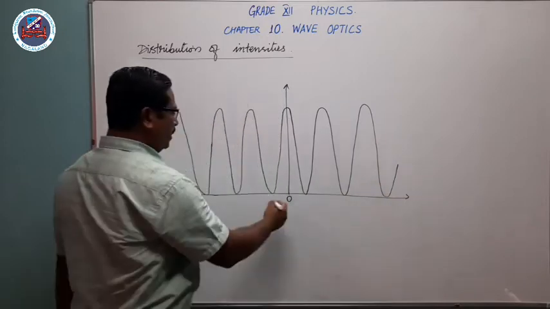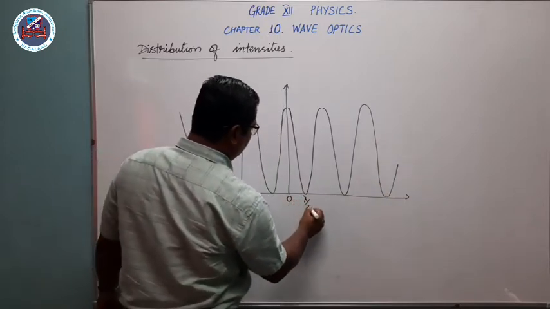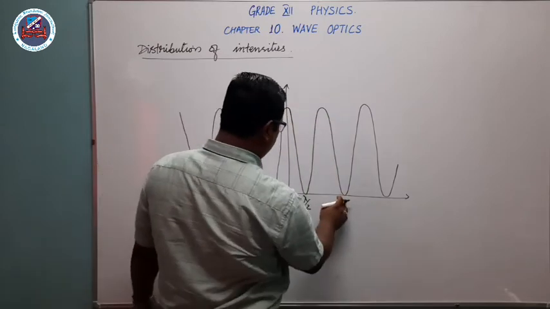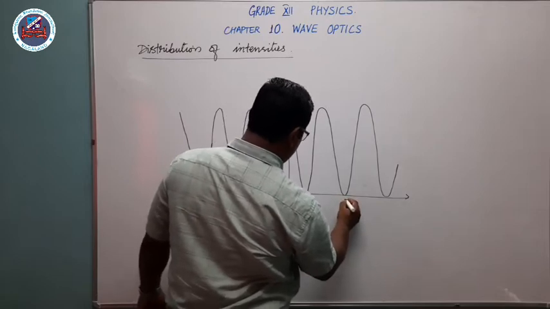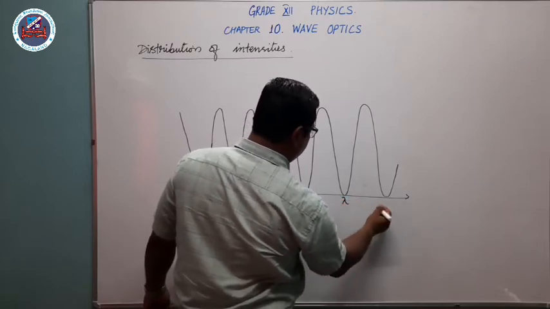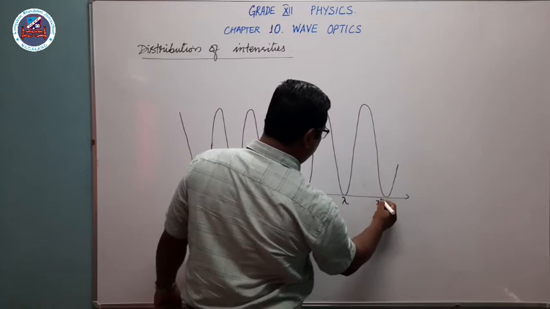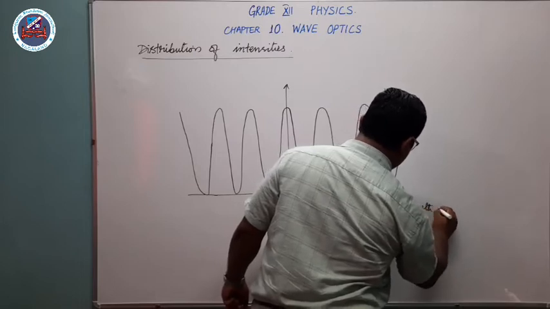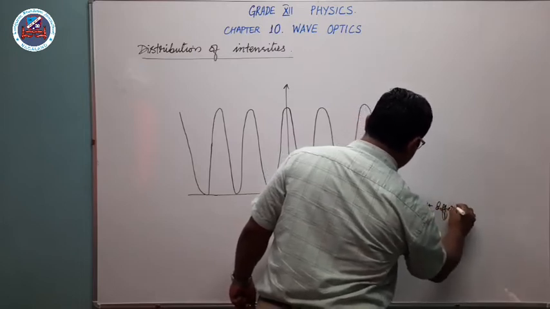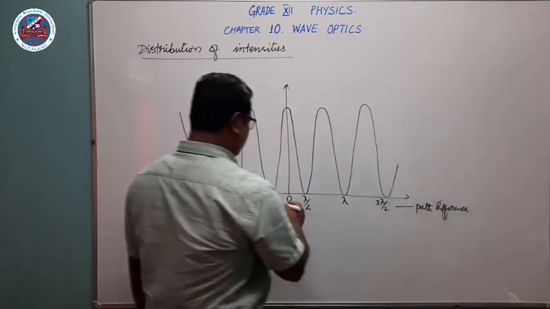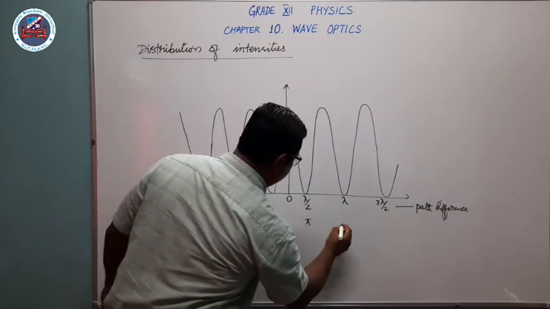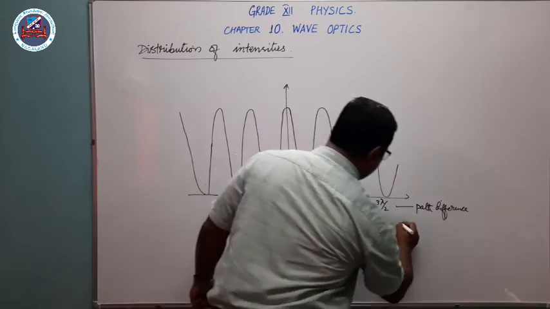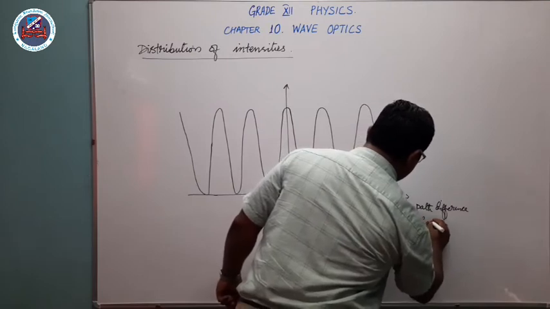If you take in terms of path difference, this is lambda by 2, you get a dark fringe. This is the position of a bright fringe, and this is dark. Here you get lambda, then you get 3 lambda by 2. This is in terms of path difference. In terms of phase difference, this will be pi, 2 pi, 3 pi, and so on.